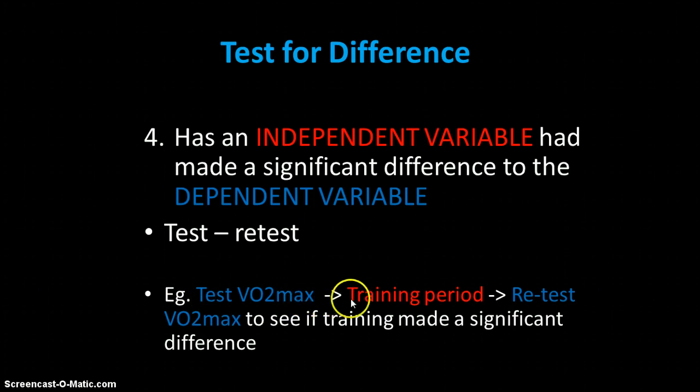We could then give them a training program over 6 weeks, which would be the thing we're manipulating, the independent variable. And then we retest the same measurable thing, the VO2 max score, afterwards. So it's test, retest, to see if this independent variable, in this case the training program, has had an effect on their VO2 max scores.